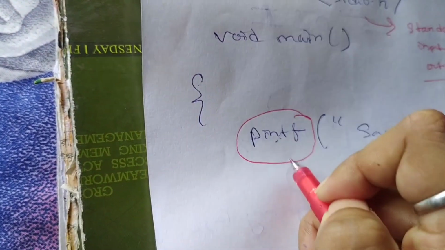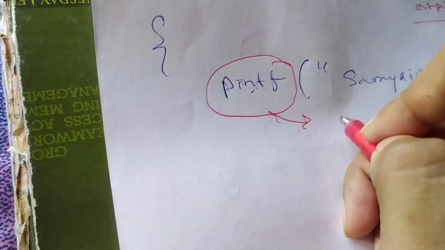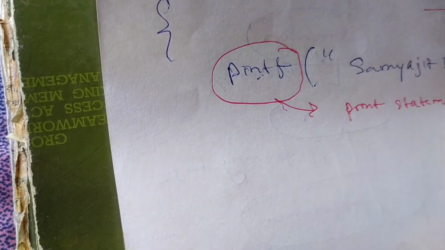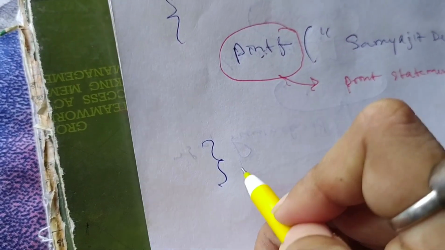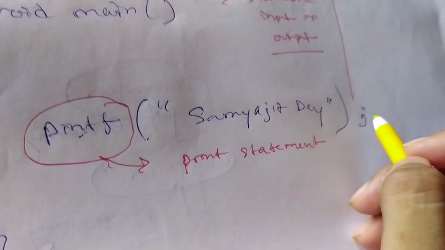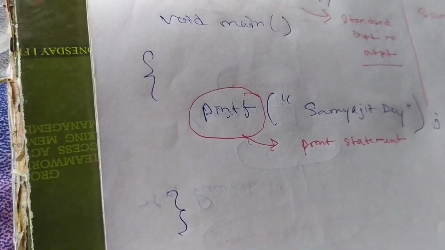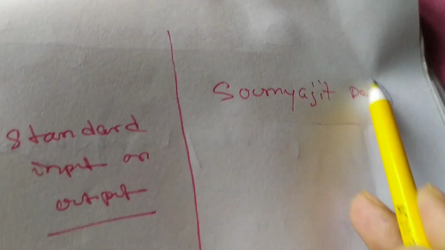Printf means in C language whatever we like to print or display on the screen, we will use this command printf. And after that we will write this semicolon. So in this way the output will be Shomojit De. This is the output, that means it is printed. And this is the end of the program.